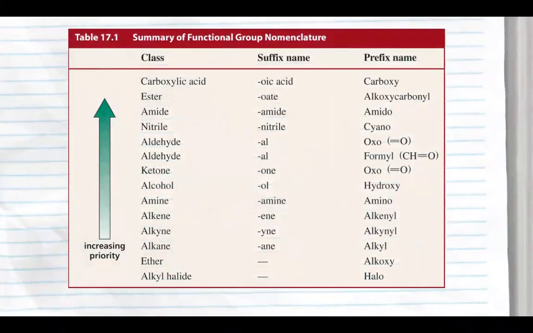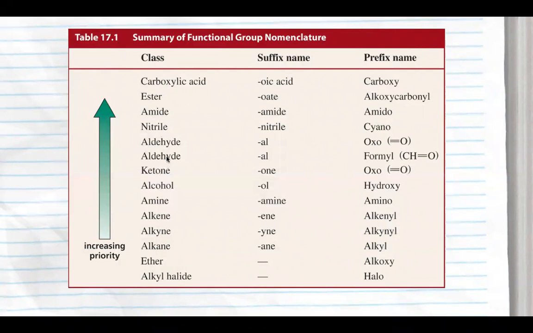So here is a summary of the functional group nomenclature. It includes some that we're not even going to worry about, but when you go up the table, the top of the table is increasing priority. The big winner in organic nomenclature is the carboxylic acid. Then ester, amide, nitrile, aldehyde, ketone, alcohol, amine, and then you get alkene, alkyne, alkane, and poor little ethers and alkyl halides. They don't even really count.